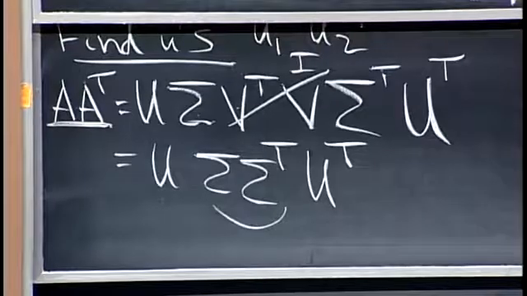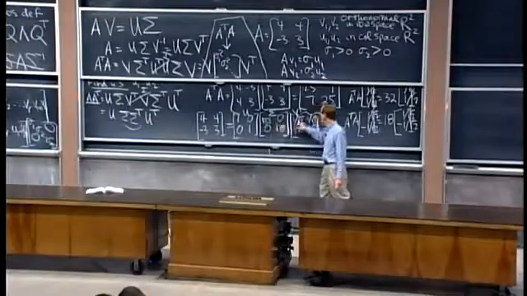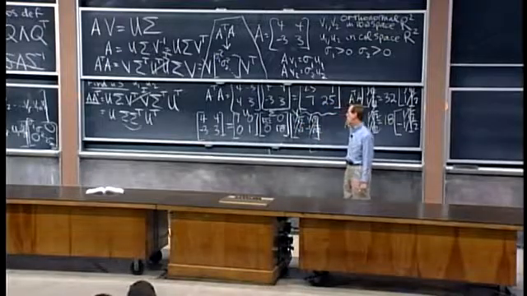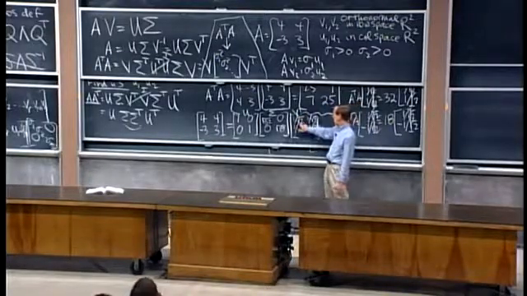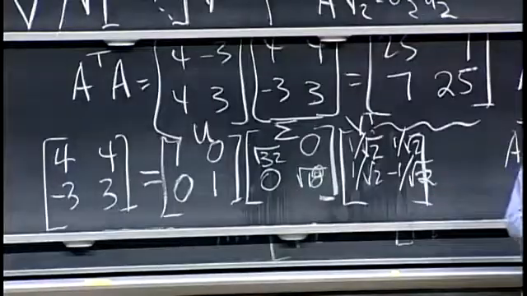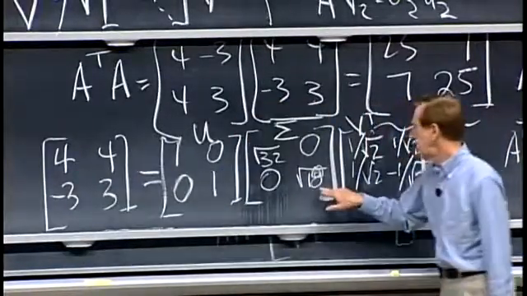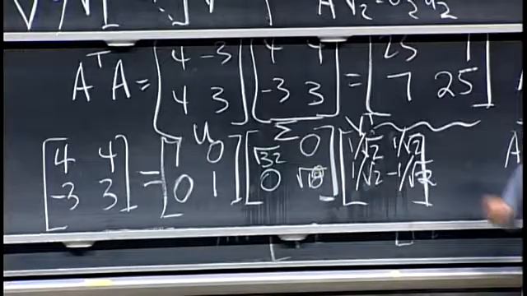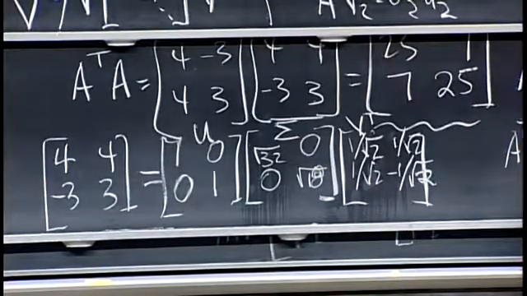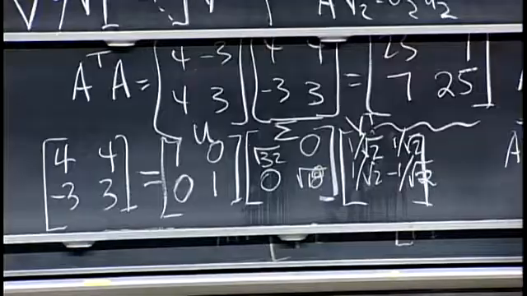Okay, so we just check that. Here's the identity, so not doing anything. Square root of 32 is multiplying that row. So that's square root of 32 divided by square root of 2, which means square root of 16, 4, correct? And square root of 18 divided by square root of 2 leaves me square root of 9, which is 3.